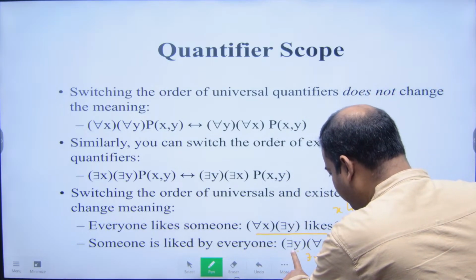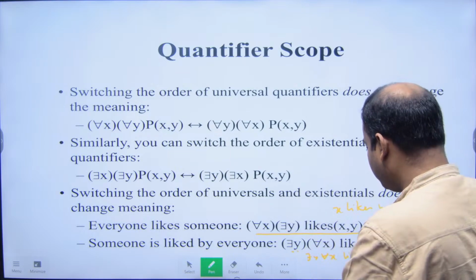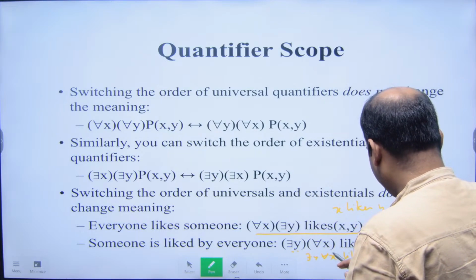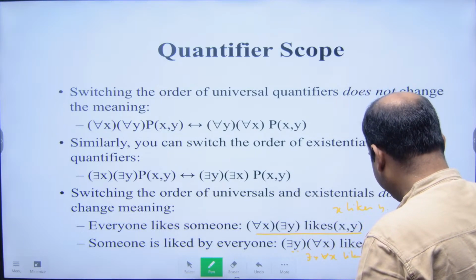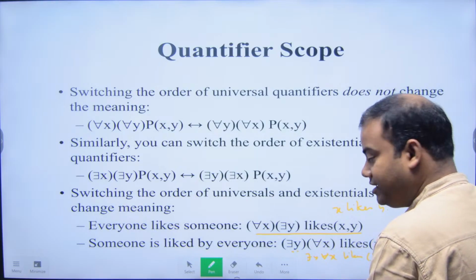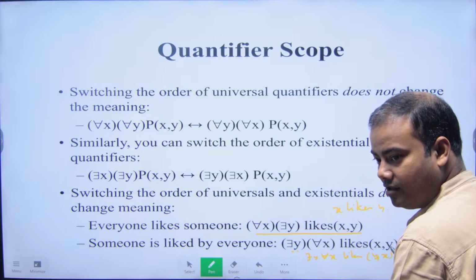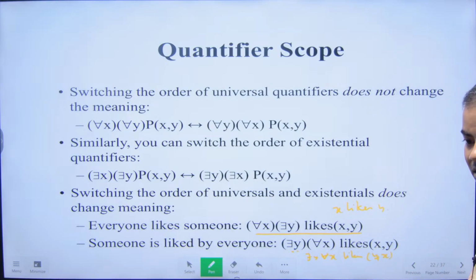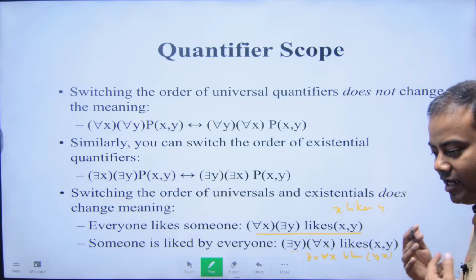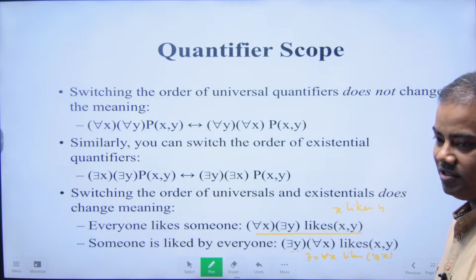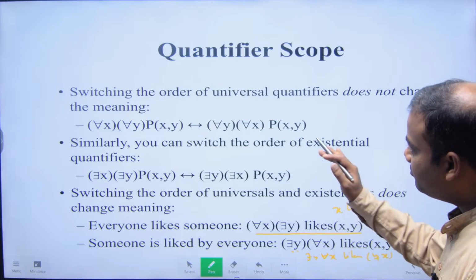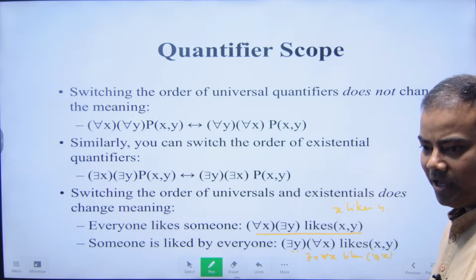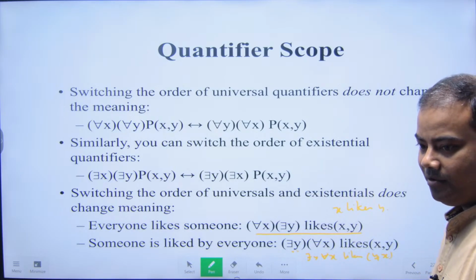Someone means at least one person exists in this universe who is liked by everyone, because here it is y. It is kind of passive voice. We can express it better in passive voice, but for mathematical logic there is no passive or active.